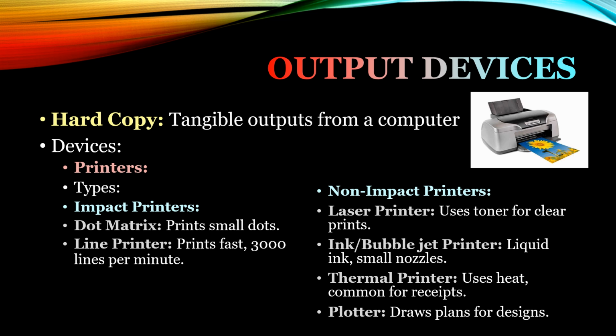Examples include laser printers that use toner for crisp prints, inkjet printers that spray liquid ink, and thermal printers that use heat for printing receipts. Lastly, a plotter is used for drawing designs in fields like architecture and engineering.